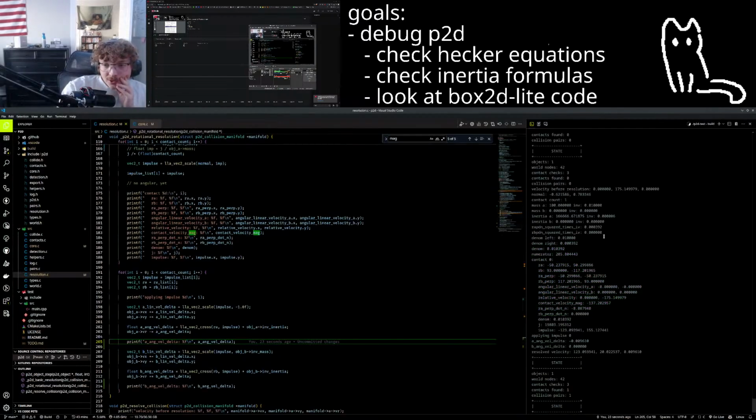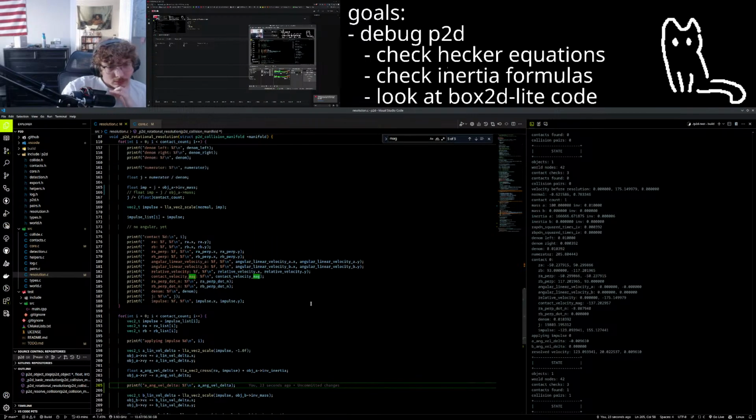So in this case, the inverse inertia is basically as close to 0 as it can be. So how are we getting the J?